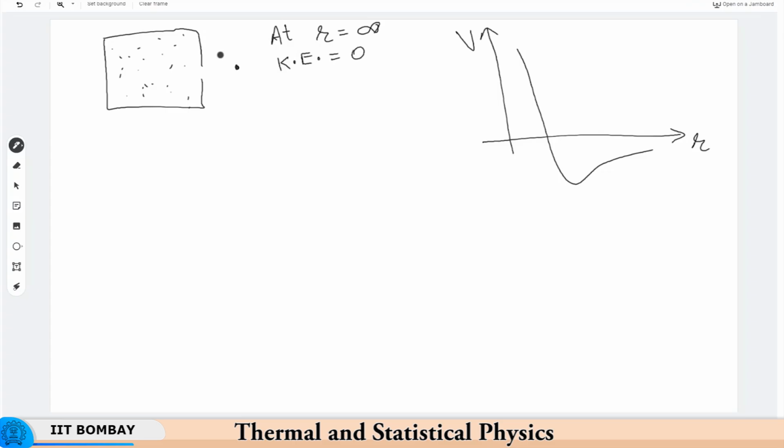Also, let us pick a reference that at R going to infinity the potential energy is also 0.